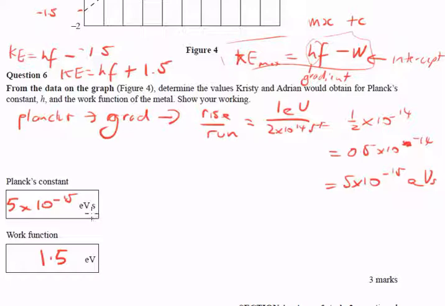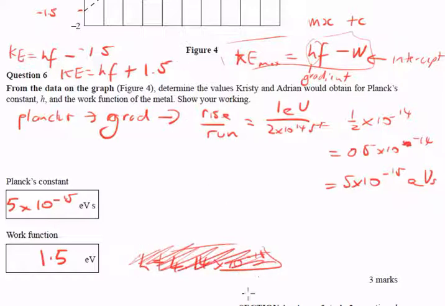And if you look on the formula sheet, you'll see that the Planck's constant, actual Planck's constant in that unit is 4 by 10 to the minus 15. So we're pretty much on it with that. So it was a good experiment and quite accurate with the values they got.